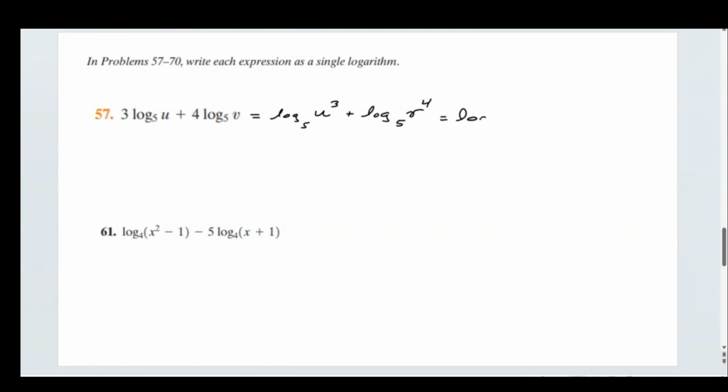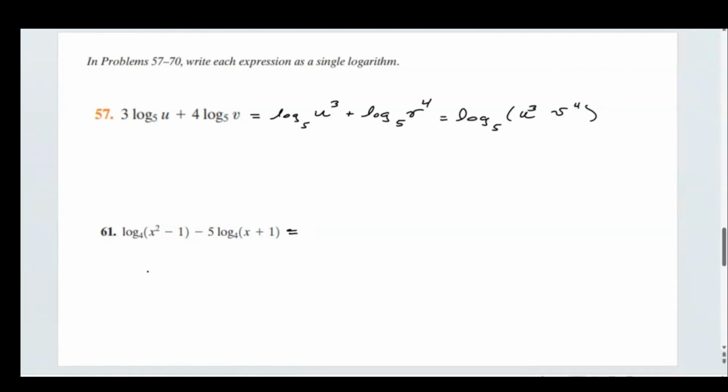So this is the log in base 5 of u to the third, v to the fourth. So it was really easy. It's just basically to apply the two properties, the power property and the product property.